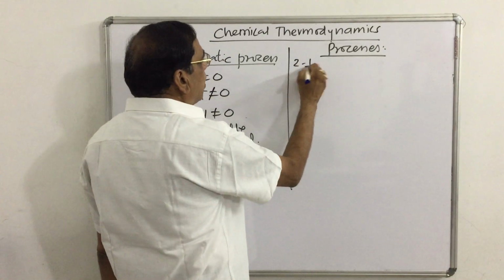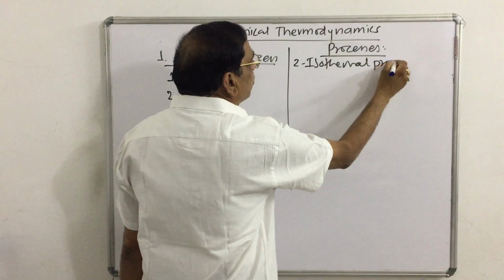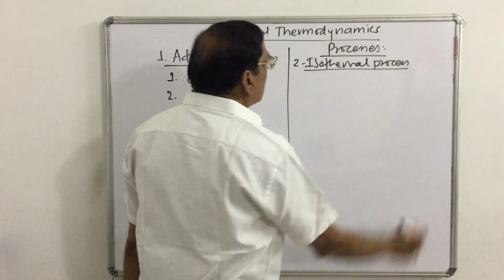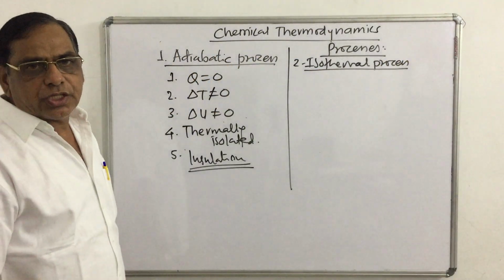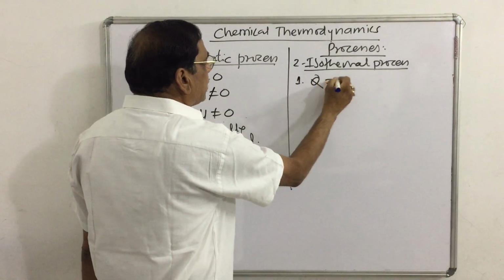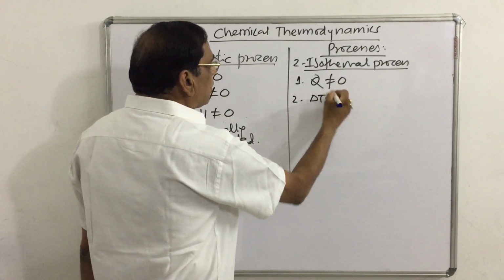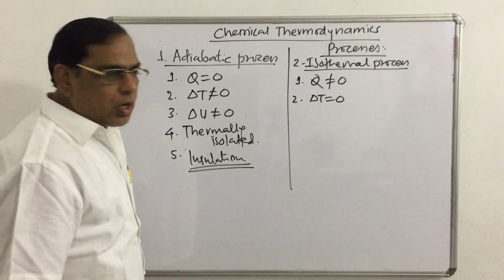Another process is called an isothermal process. In the isothermal process, the system can exchange heat with the surroundings so that the temperature remains constant. Temperature does not vary.